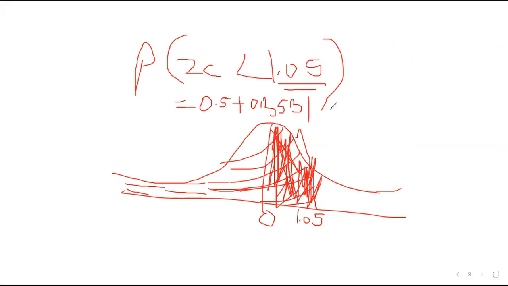So we can add these two: 0.5 plus 0.3531. The answer is 0.8531.